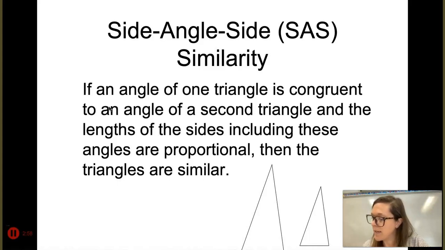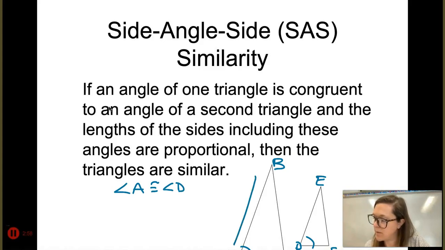So if I have triangle ABC and DEF, and let's say A is congruent to D. If we were given angle A is congruent to angle D, then the sides proportional to it would have to be the ones including it. So you see how AB and AC include that angle, and then ED and DF include that angle.